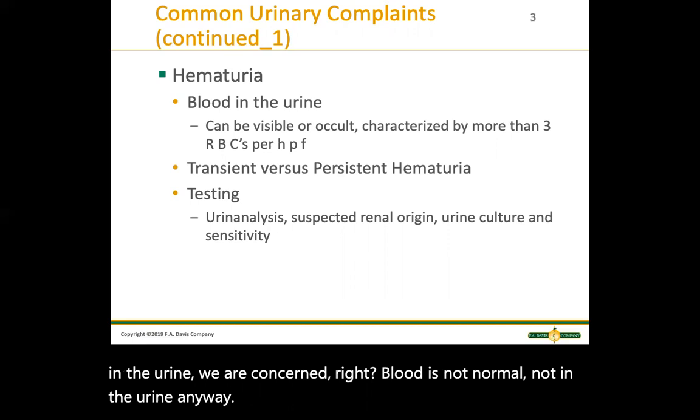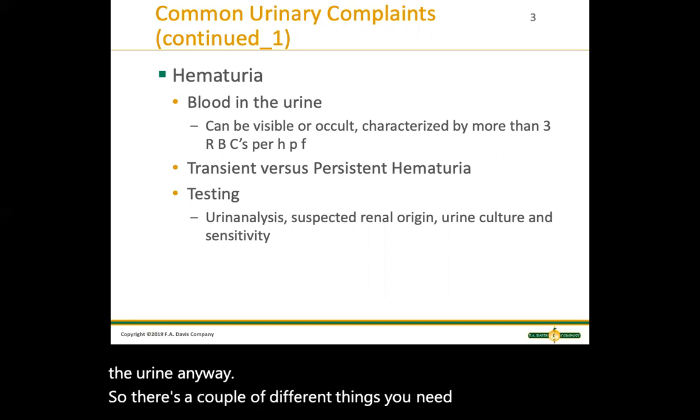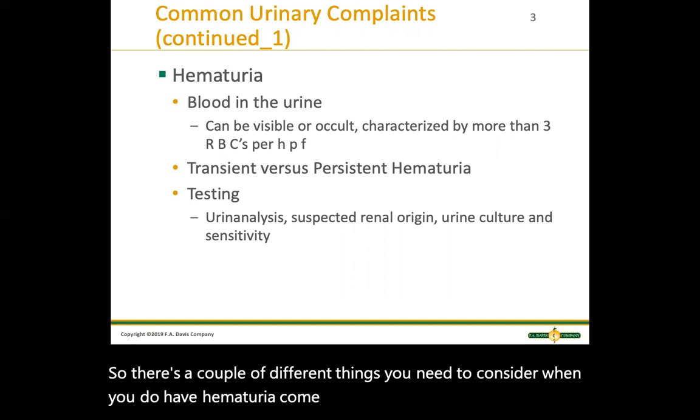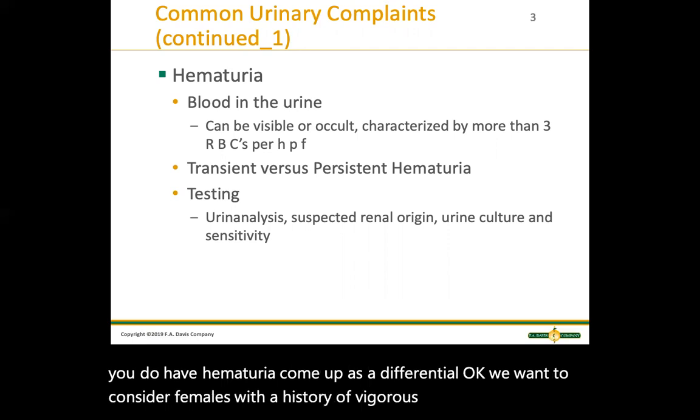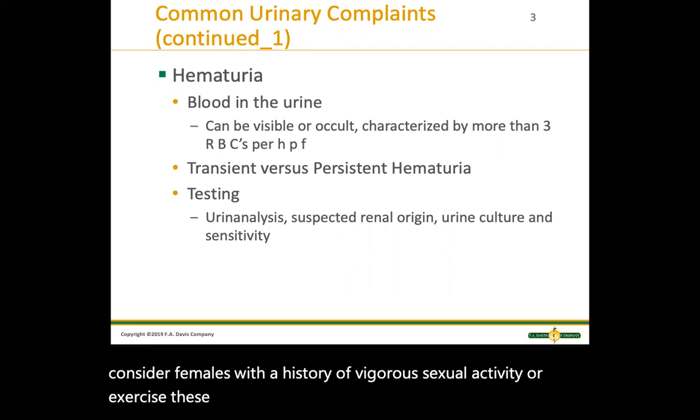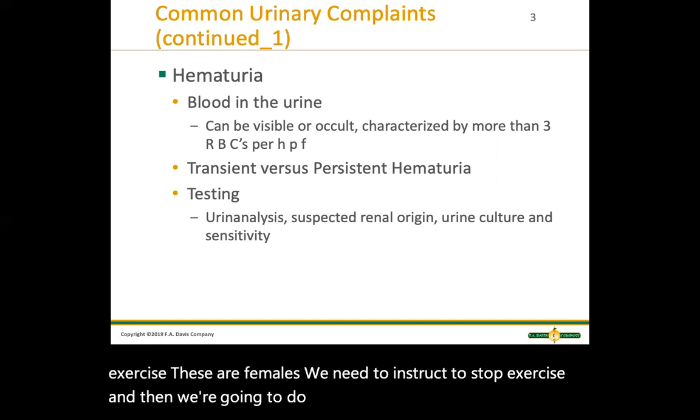So there are a couple of different things you need to consider when hematuria comes up as a differential, okay? We want to consider females with a history of vigorous sexual activity or exercise. These are females we need to instruct to stop exercise, and then we're going to do another urinalysis in 4 to 6 weeks.